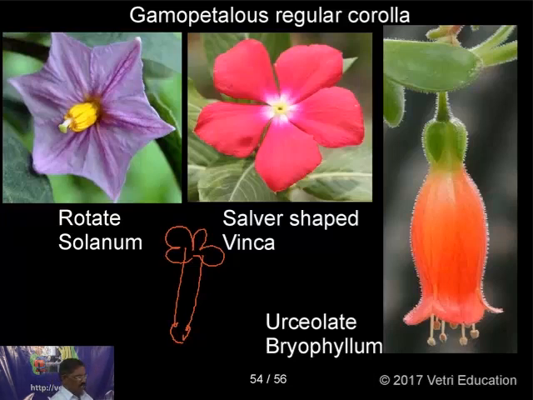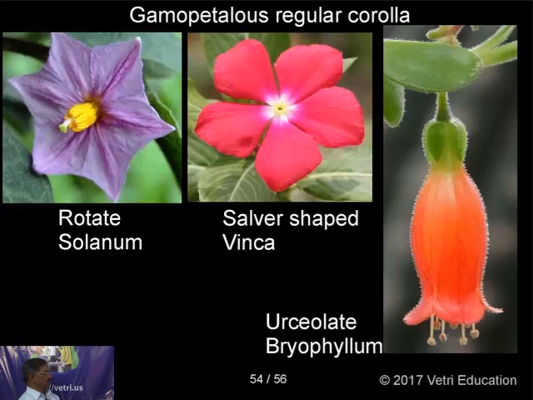And another thing, you can have urceolate in Bryophyllum, you can find this flower is bent and broad and again narrow at the end. Urceolate, you can find in Bryophyllum. You can see the shapes: rotate, Solanum, salver shaped, Vinca, urceolate, Bryophyllum.